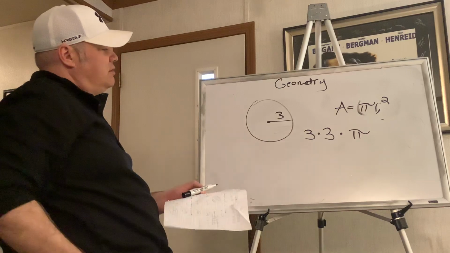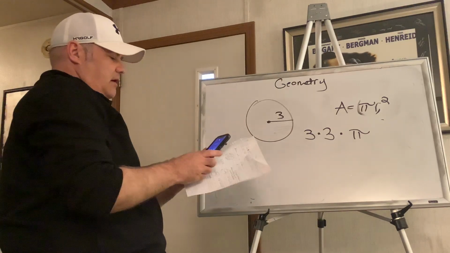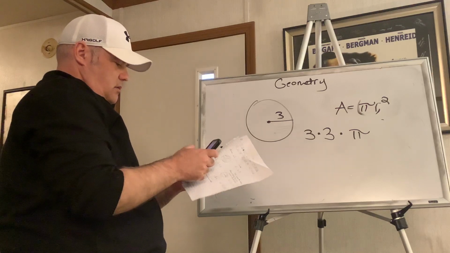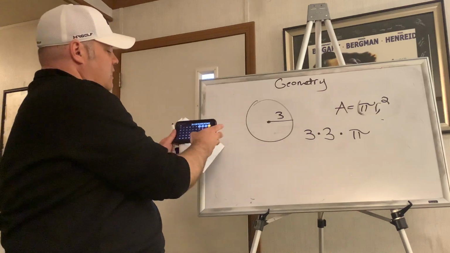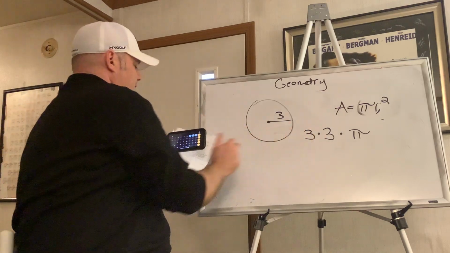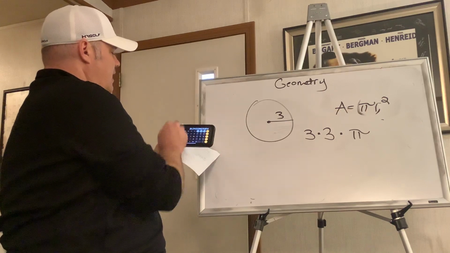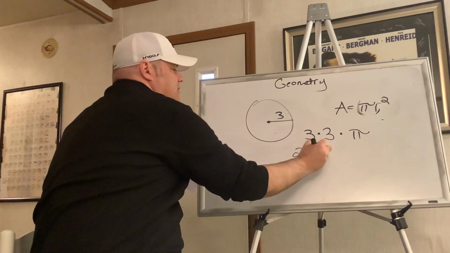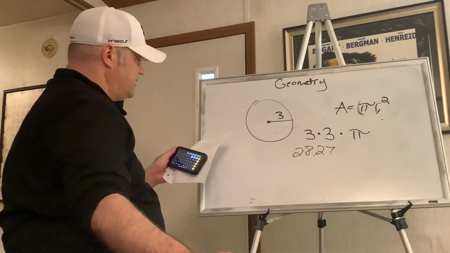Let's do that. Once again, to get pi, you need to turn it sideways. In this case, I can do this in my head, but 9 times pi, the area is 28.27, rounded to the nearest hundredth. So try that and see if you're coming out with the same thing.